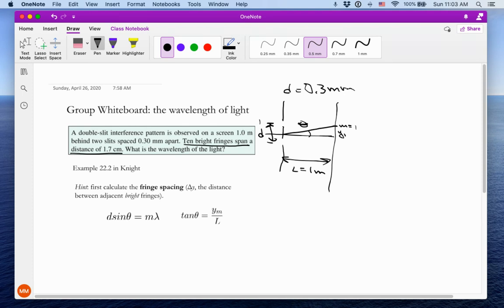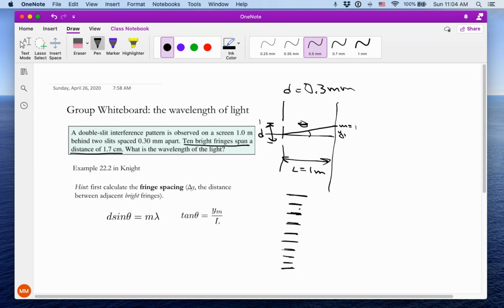Okay, so the first thing is this 10 bright fringes span the distance of 1.7 centimeters. Well, that's not the separation for m equals 1. That's if I had a whole bunch of fringes. So imagine these are my fringes: 1, 2, 3, 4, 5, 6, 7, 8, 9, 10, one more.